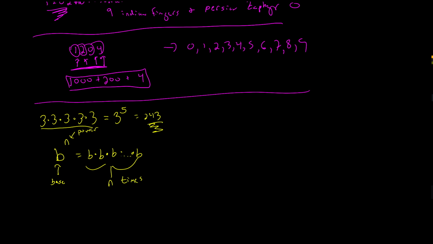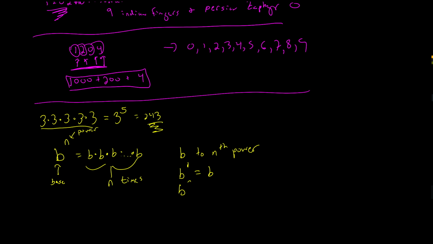And there's some neat things that happen. We will say this is b to the nth power. So if I have b to the first power, I get b, which is just itself. Here comes the neat bit.